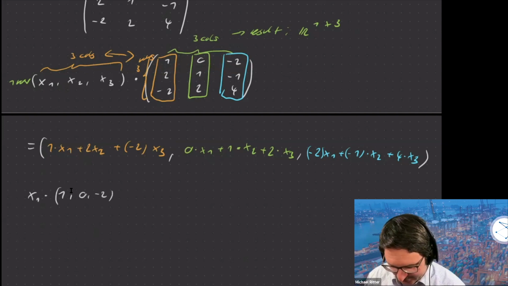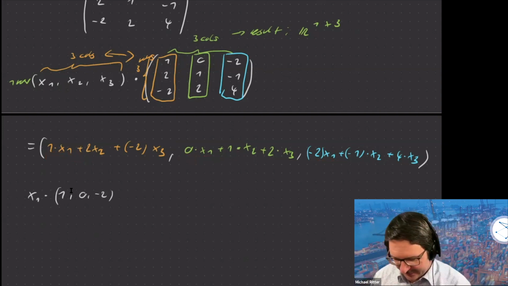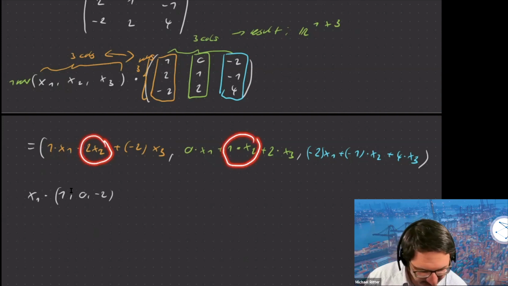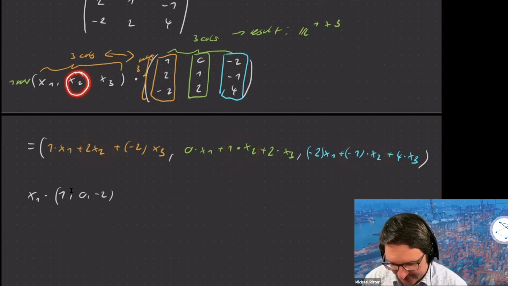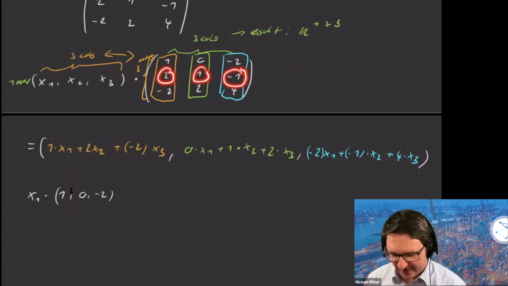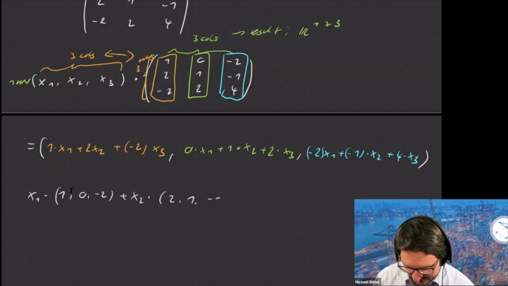That is the first part, this part of these 3 columns. Then if we look at the x2 entries, we have 2x2 here, 1x2 here, and minus 1x2 here. The x2 entry, this one, is always associated with the second element in each column, so with this one. So in other words, with the second row. So we get x2 times 2, 1, minus 1.